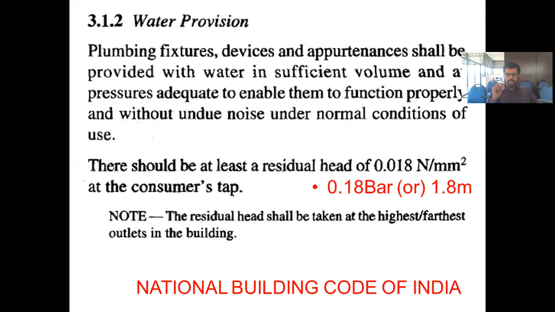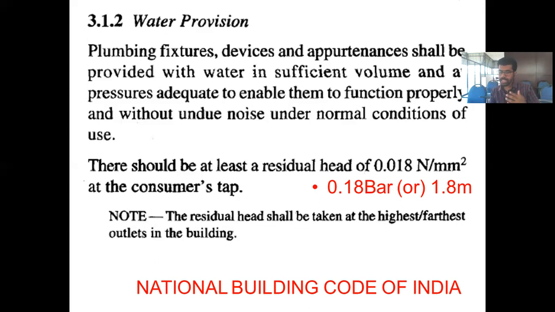Which means that there is a note given there. The residual head or the pressure shall be taken at the highest or the farthest outlets in the building. Which means if in a pipe run, the pressure head available at the farthest or the highest outlet, or the end of your pipeline, if there is a tap or whatever it might be, you should have at least 0.18 bar pressure.